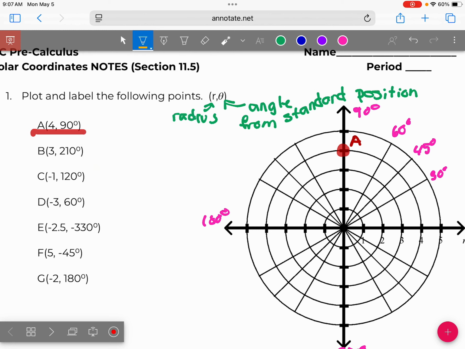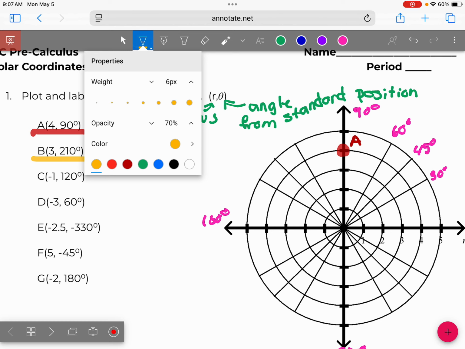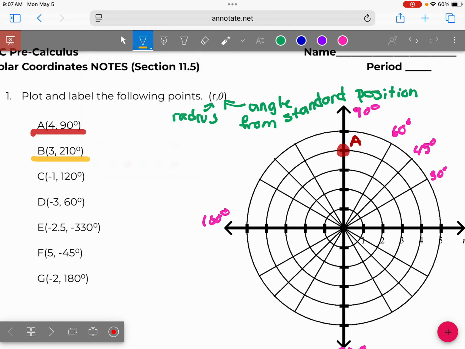Then let's look at another one. Similar kind of vibe. We're going to look for (3, 210). Angle 210: we know this guy's 180. This next one here is where we get angle 210 from standard position, it's over here. If we want radius 3, it's going to be 1, 2, 3, right here.